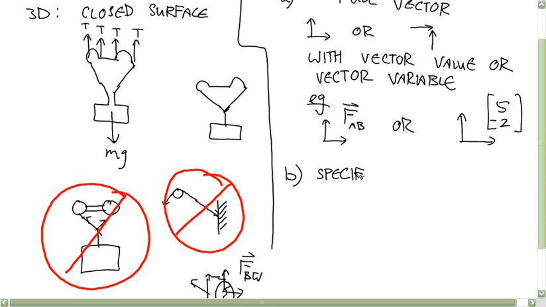So if you specify a direction like that, okay? Like you know something about the direction of this load. Then you label it with a scalar value or a scalar variable, okay?